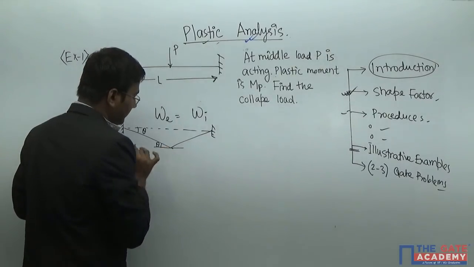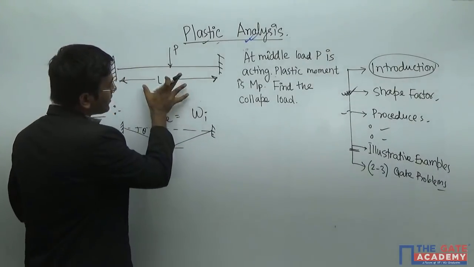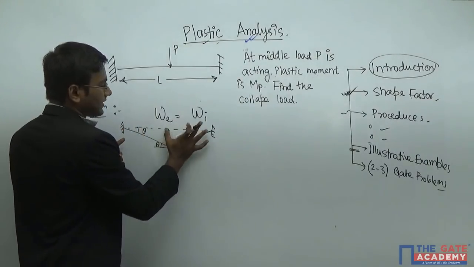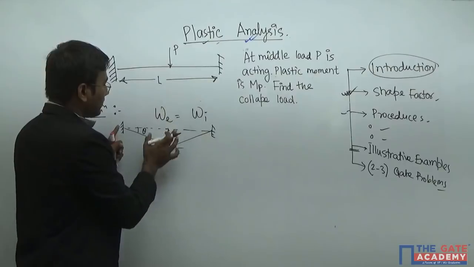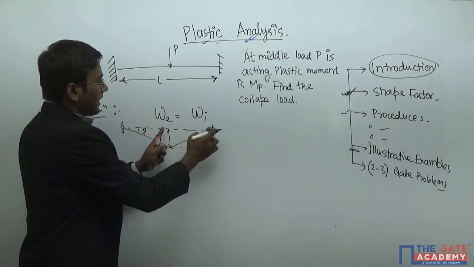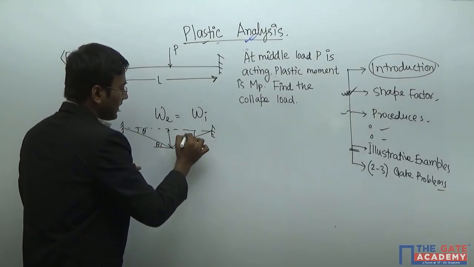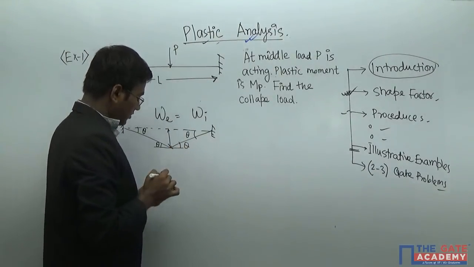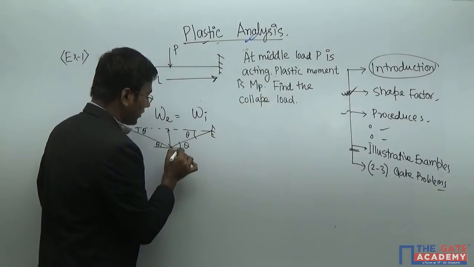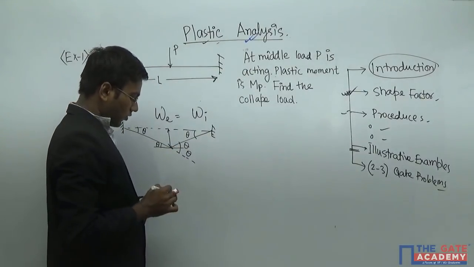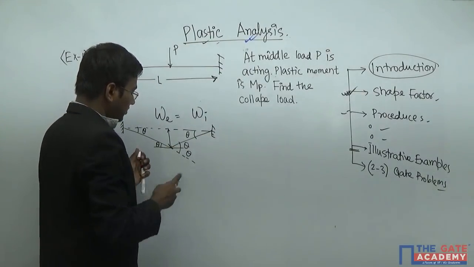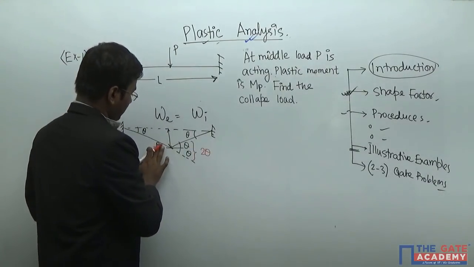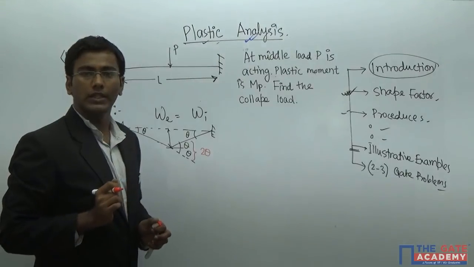So again theta, right? Due to symmetry, this length and this length are same. You can see that middle point load is acting, this length and this length are same. So simple, again same theta, right? So theta, just increase this portion, it will again come theta. So total here, it has come to 2 theta.